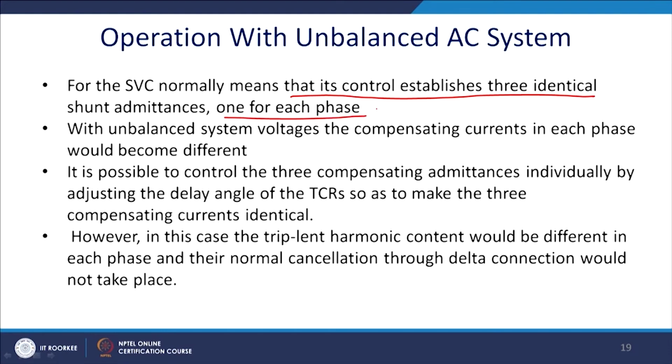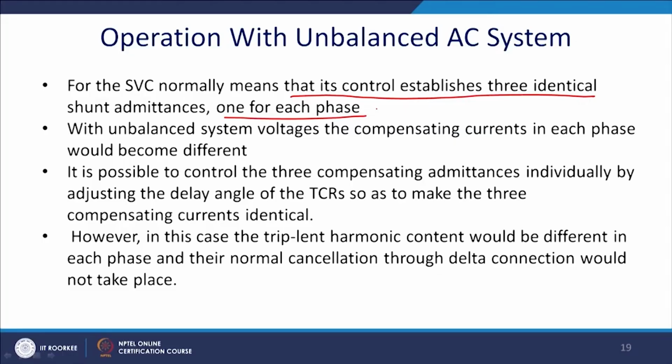With unbalanced system voltage, the compensating current of each phase will be different, and it is possible to control the three compensating admittances individually by adjusting the delay angle alpha of the TCR so as to make the three compensating currents identical. However, in this case the triplen harmonics will be different in the three phases, and the normal cancellation through the delta connection would not take place. So, we have discussed how to compensate the triplen harmonics while discussing the SVC.